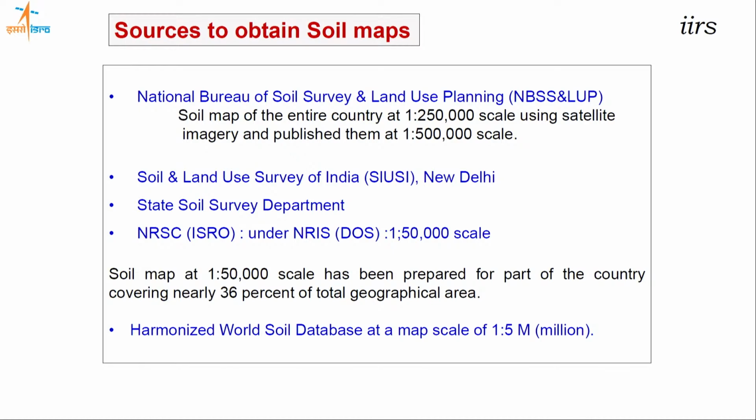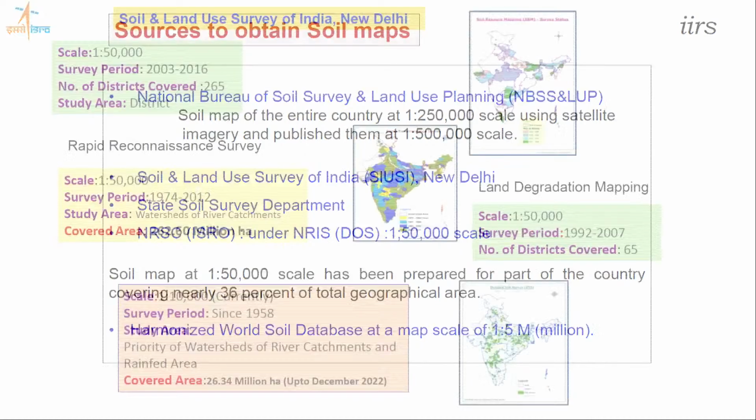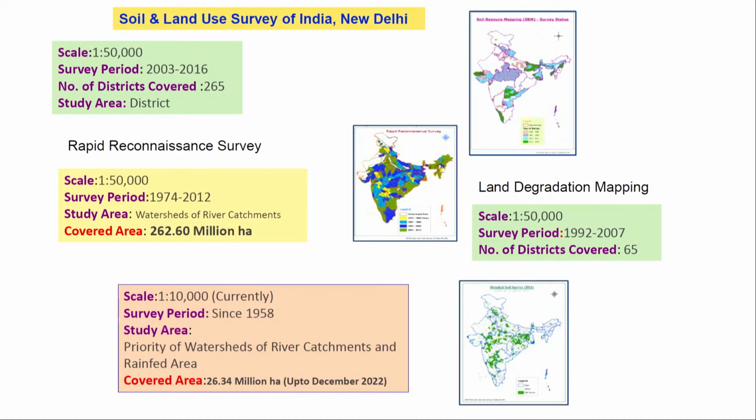If you want soil information globally, the Harmonized World Soil Database at mapping scale of 500,000 is available. The Soils and Land Use Survey of India has surveys at 1 to 50,000 scale, and this slide shows how many districts and how many states' areas they have covered.